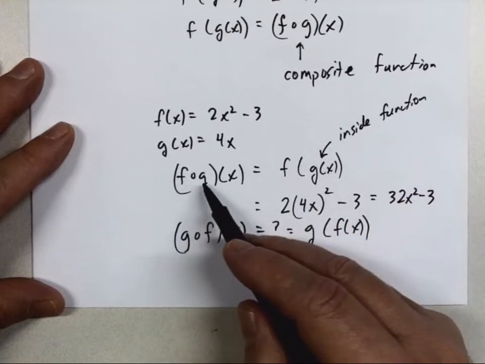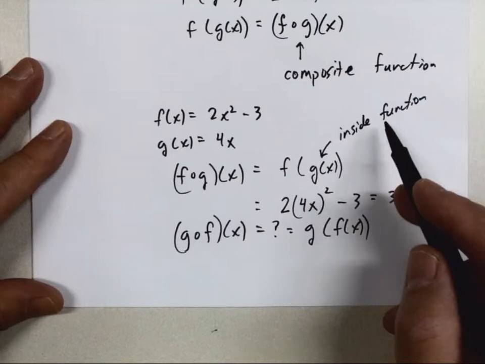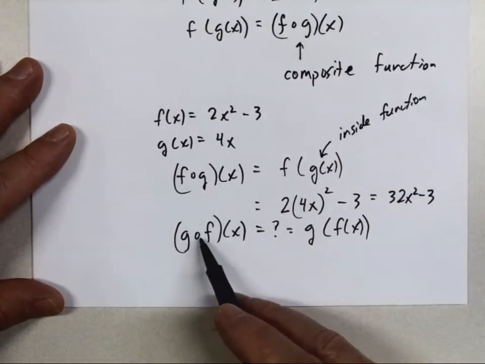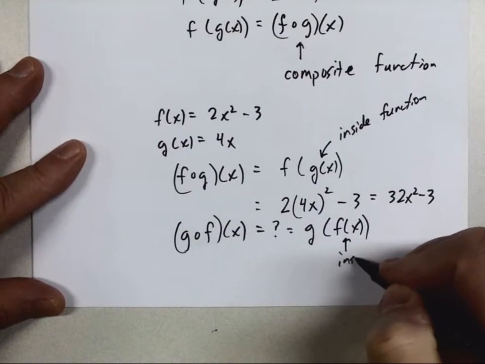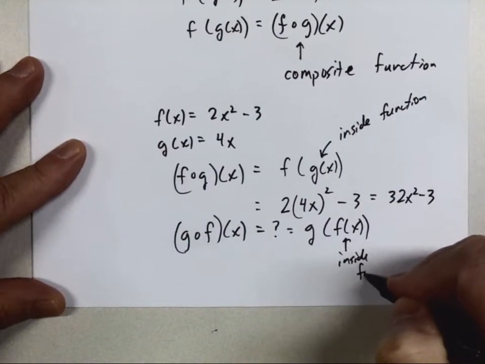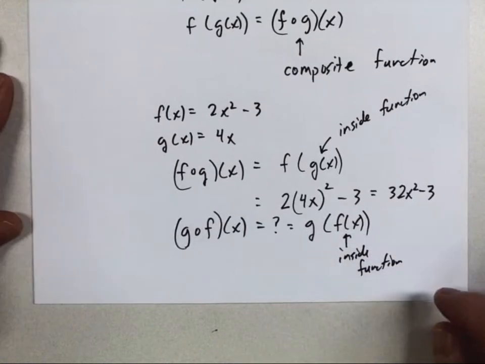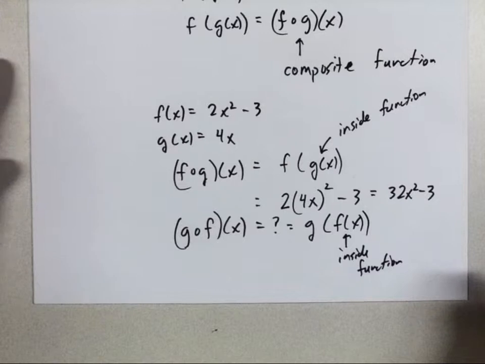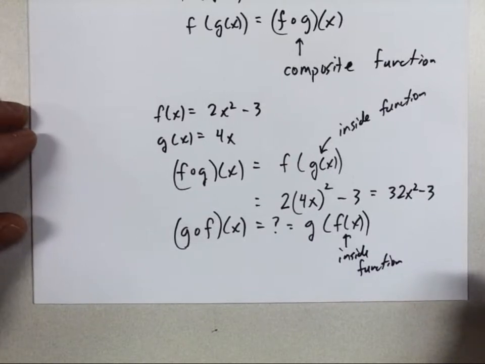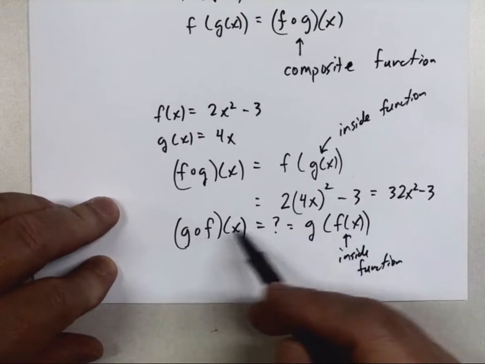So for f composite g of x, g is what we will call the inside function. For g composite f of x, f of x would be what we call the inside function. In a minute, you're going to see why it's important and why I call those inside functions. Let's go and finish this problem.